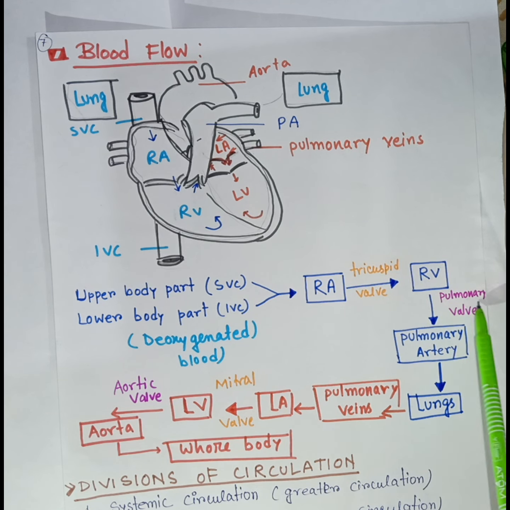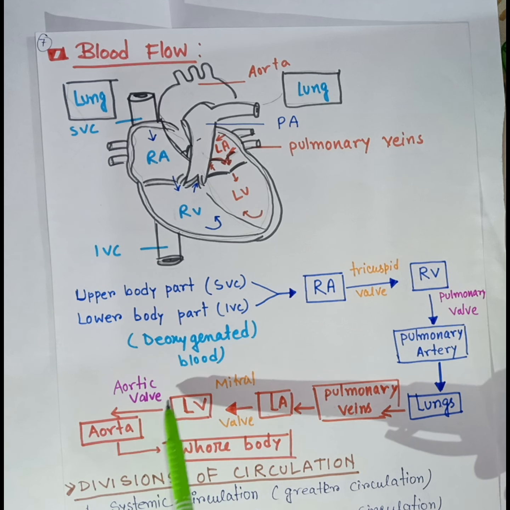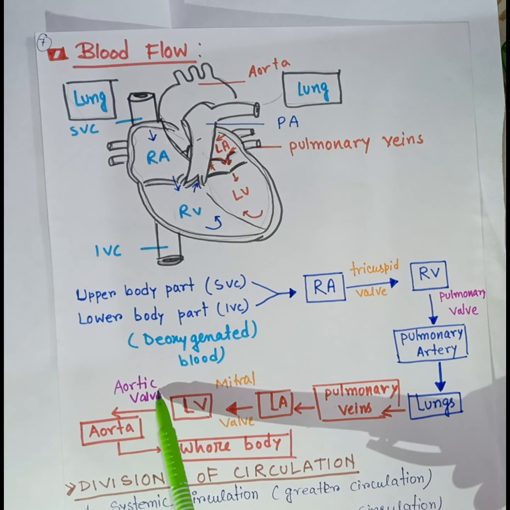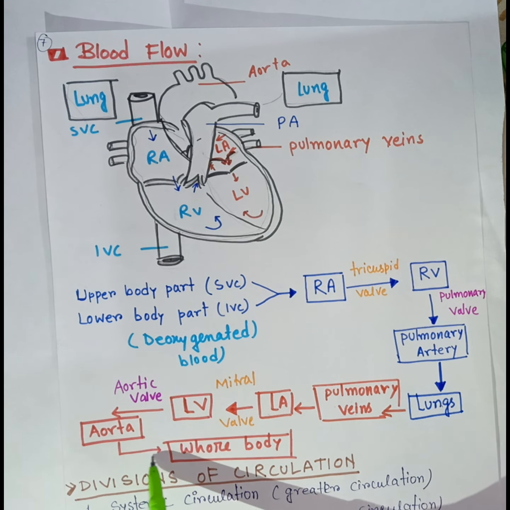Then LA blood moves to LV with the help of the mitral valve. LV blood enters the aorta with the help of the aortic valve, and aorta blood goes to the whole body. So this is our systemic circulation.